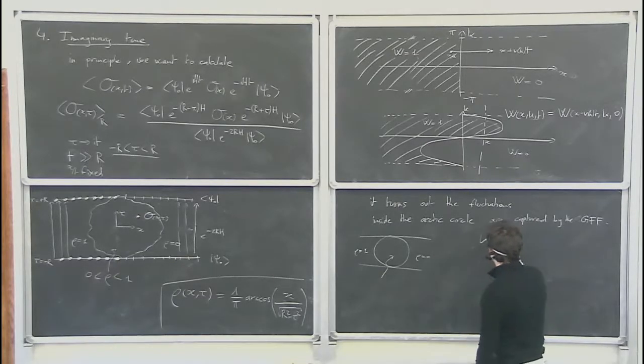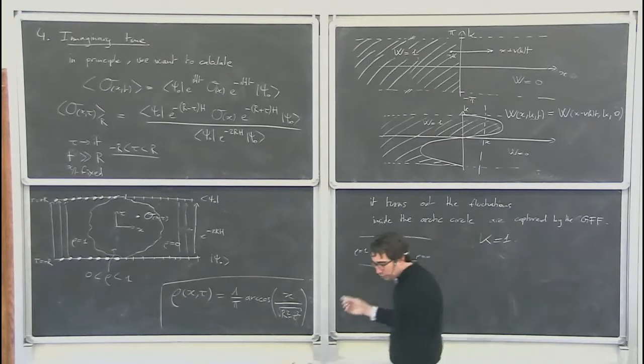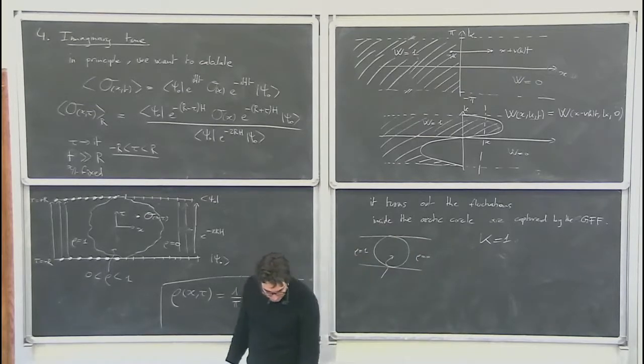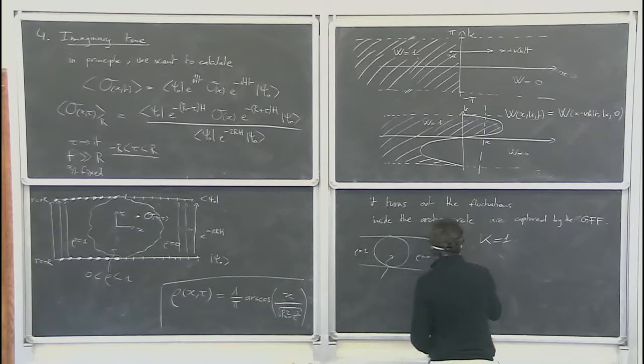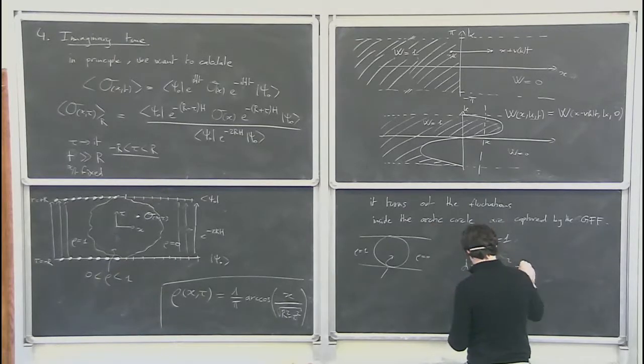Yes, because it's free fermions, so it has to be 1. The underlying microscopic model is free fermions, so it has to be 1. And in a certain metric, okay, I can write the metric for you. It's this.